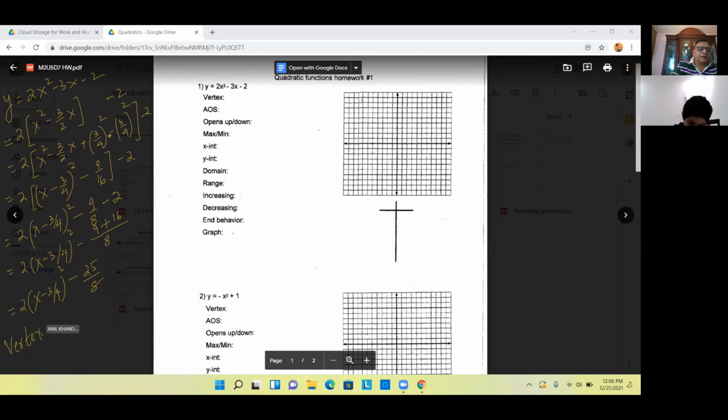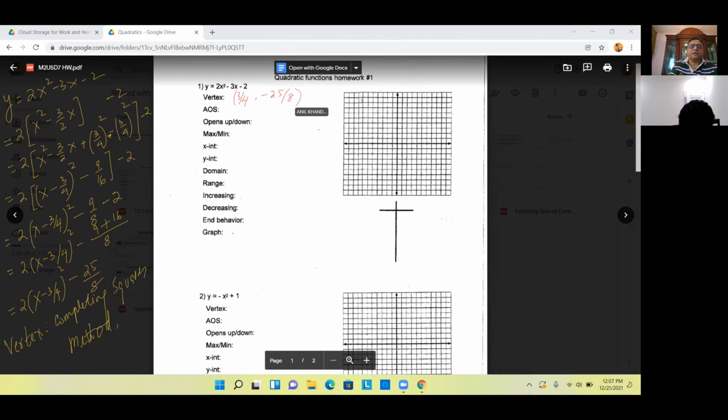We did complete the squares, right? Now from here, we can get all the values. Let's write down our values first. So what is the vertex from the equation? 3/4 and negative 25 over 8.